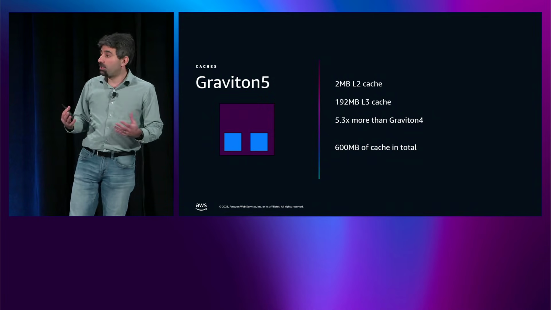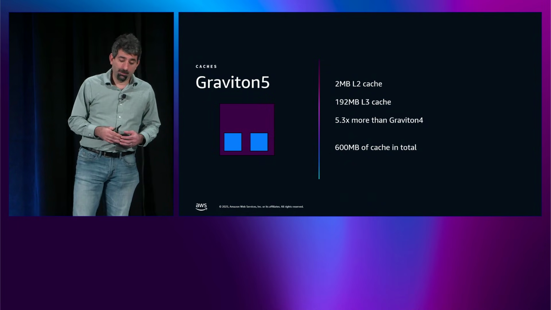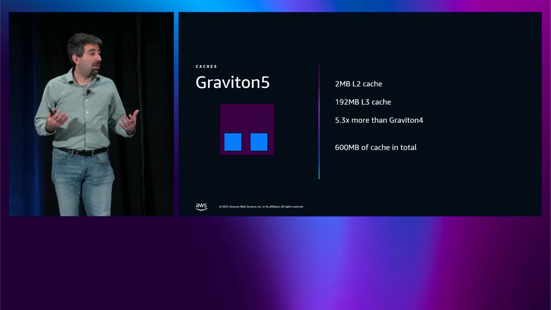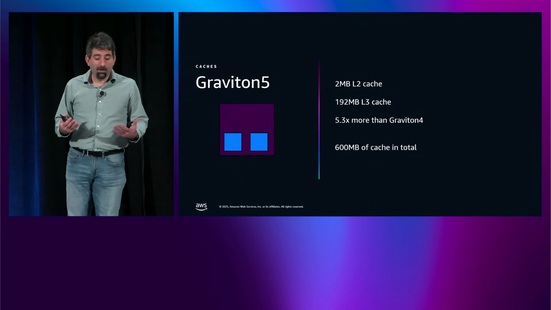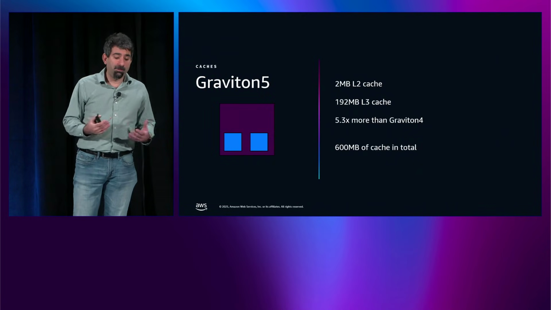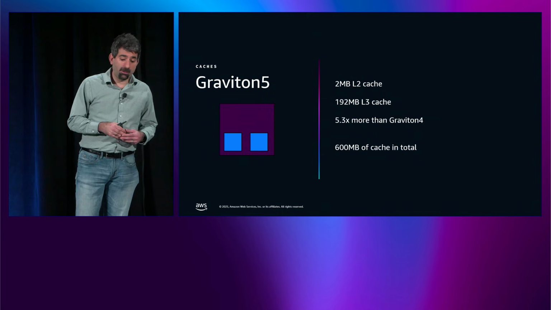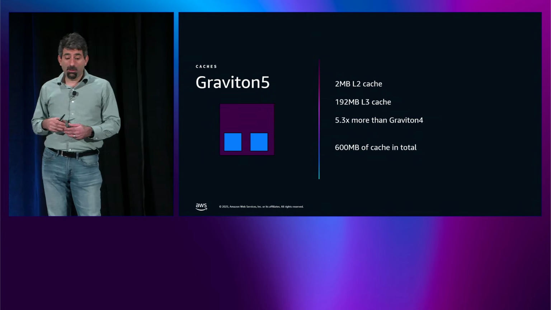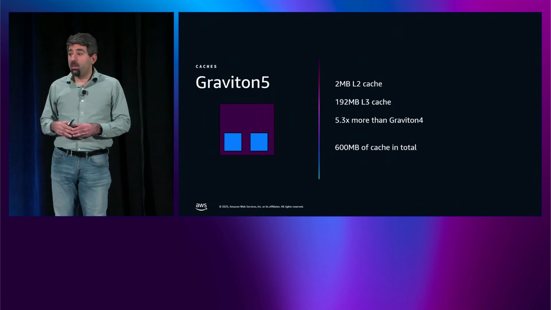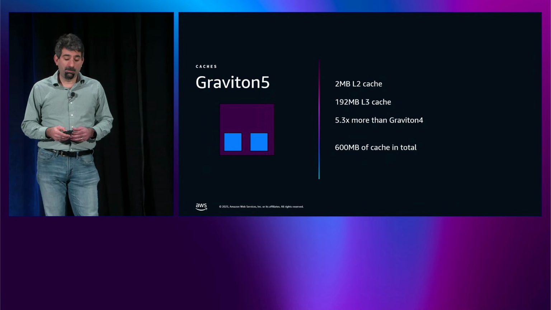And we saw lots of customers find that it fit their workloads much better and they got higher performance. With Graviton 5, we evaluated where we were going to modify the cache hierarchy, and we decided that it was time to increase the L3 size. So with Graviton 5, we increased the L3 cache by 5.3x. It's now 192 megabytes. And combined with the L2 caches and the other caches in the system, we have over 600 megabytes of cache in total.